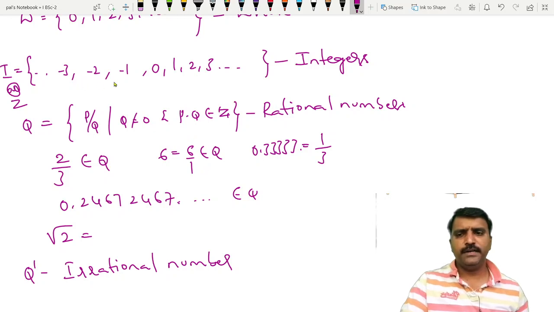So all integers are rational numbers, but all rational numbers are not integers. Some of the rational numbers are integers, but all rational numbers are not integers.